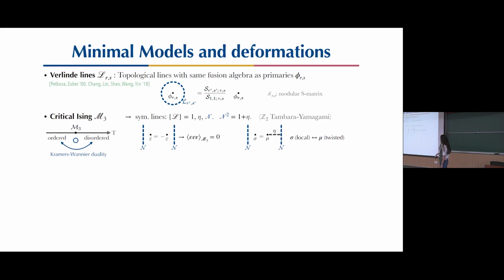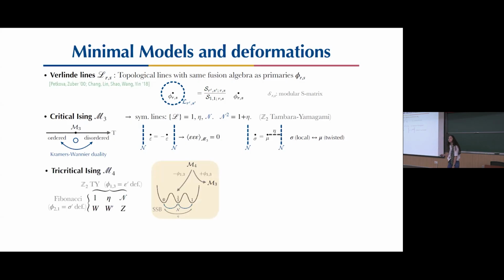So let's go into the next one, which is the one we discussed in the appetizer. Here in the tricritical Ising, we have 6 symmetry lines. And you can deform the CFT by different operators, and this will preserve different lines. So for instance, with this 1,3 deformation, we preserve exactly the Ising category, as you expect from this RG flow.